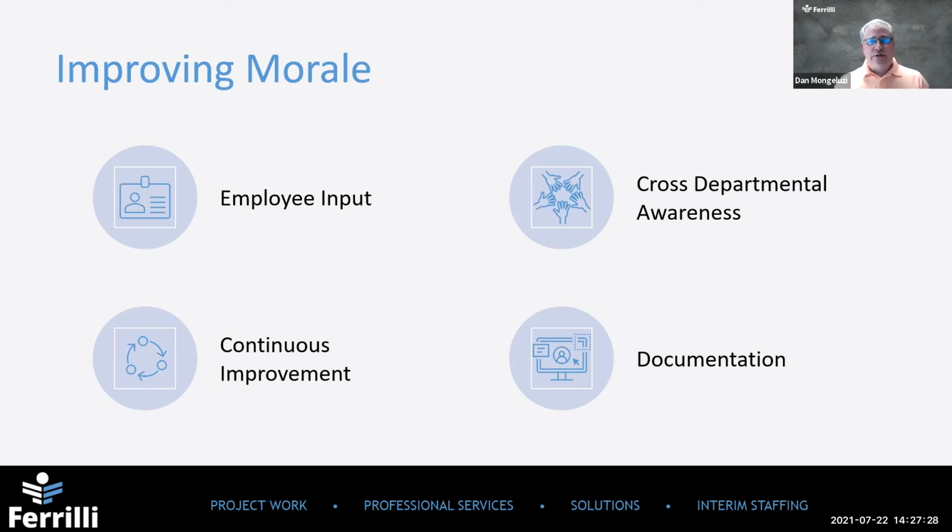The first thing you want to do is make sure that your employees are giving their input. Just the option of being heard about what they don't like, what they do like about the system, offering that suggestion of how the system impacts their job on a day-to-day basis, just that alone will improve your morale.